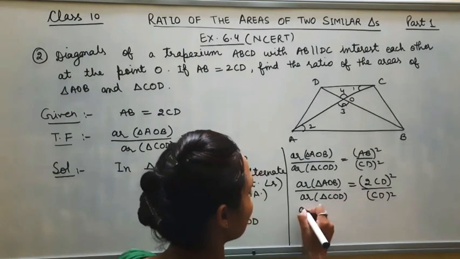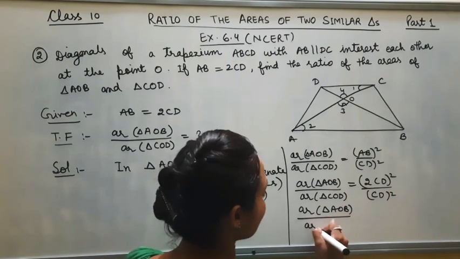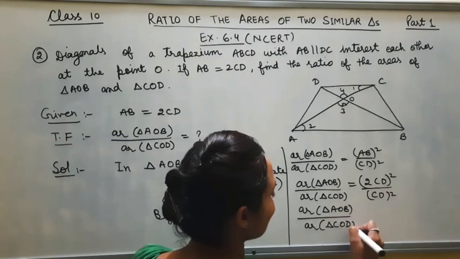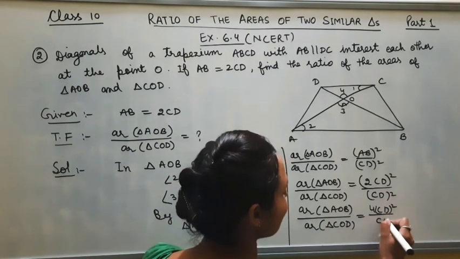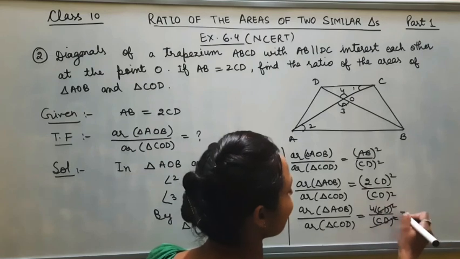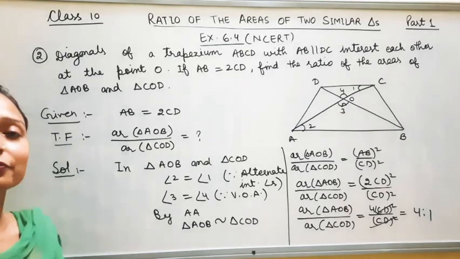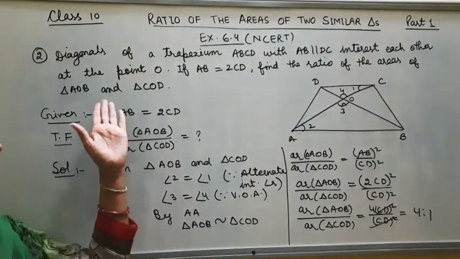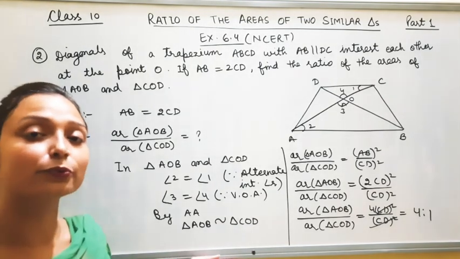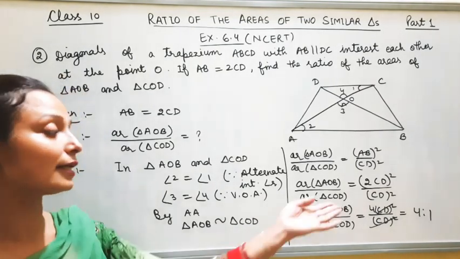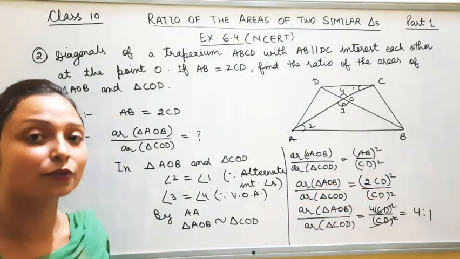Area of triangle AOB upon area of triangle COD is equal to AB upon CD whole square. And it is given that AB is 2 times CD, so I will replace AB by 2 times CD. So area of triangle AOB upon area of triangle COD is equal to 2 2s are 4 CD whole square, in the denominator CD whole square. This and this will cancel, and the value is 4:1. This is the way to solve this question. First of all you have to do the similarity, and after that you take the ratio of areas equal to the square of the ratio of the sides.